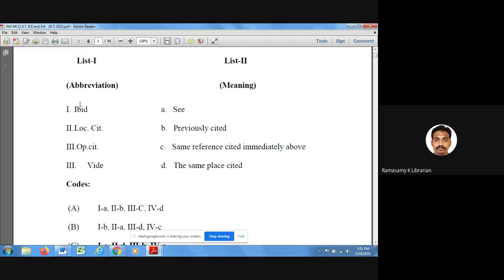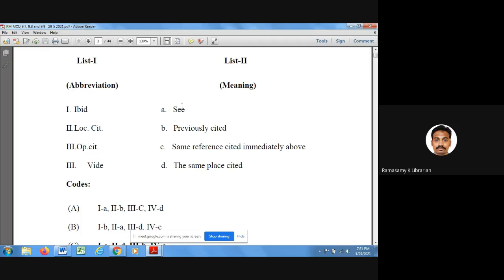So you need not write the full reference again and again. First time you write the full reference. Second time, if you are using the same reference, you can write IBID. So same reference cited immediately above. That is called IBID.